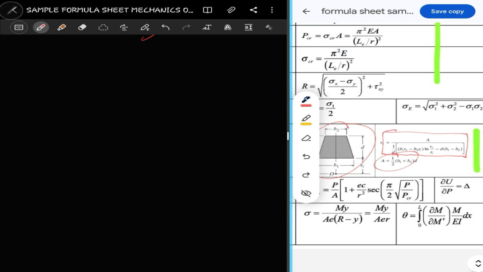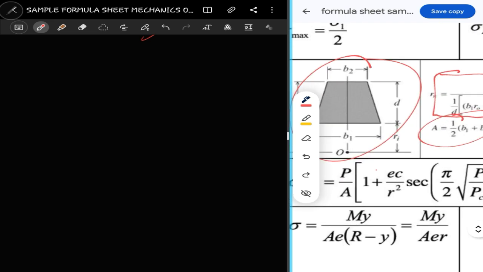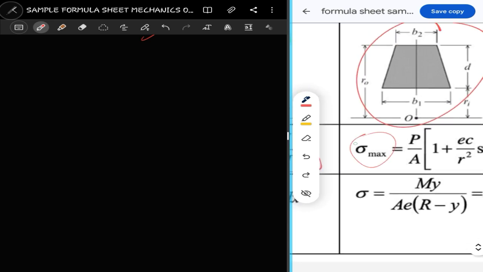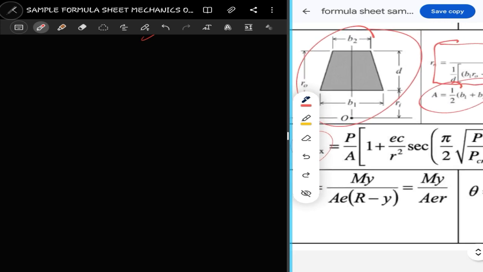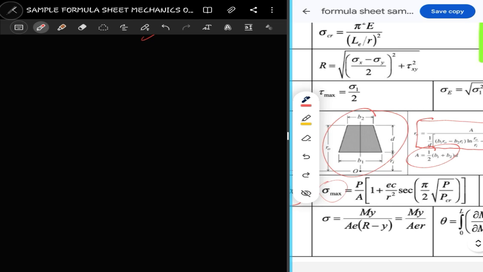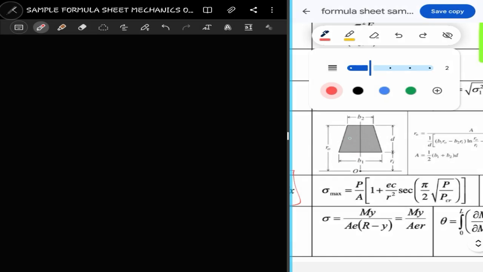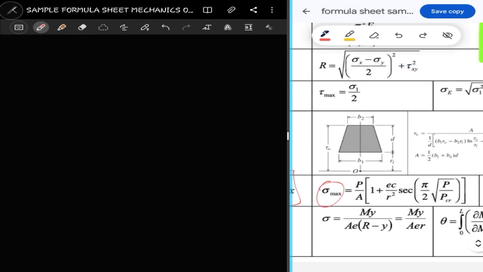It's a trapezoidal cross section. And then this one right here is the maximum stress in a column that is eccentrically loaded, as we're saying. So the load, the cross-sectional area.